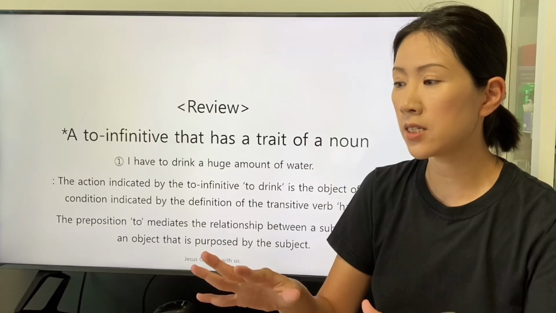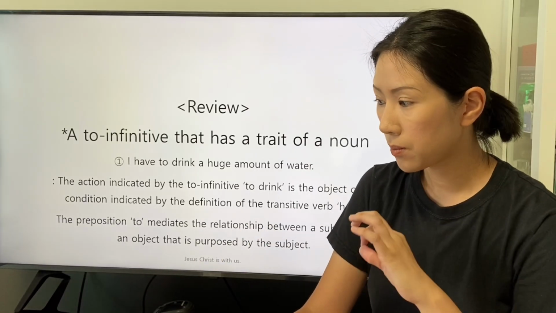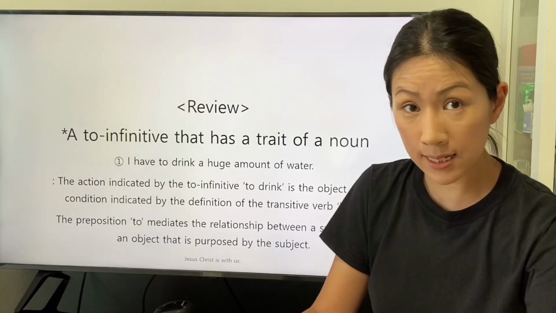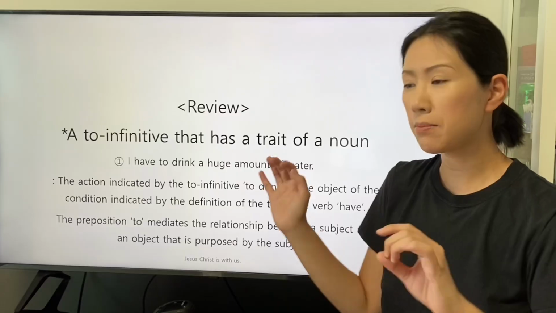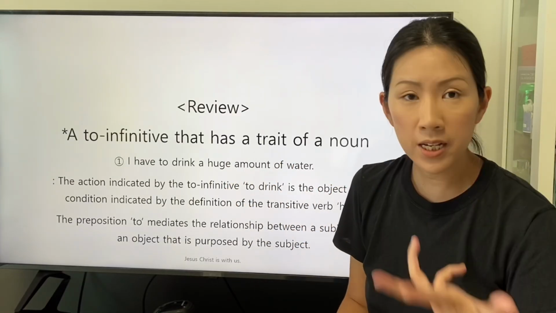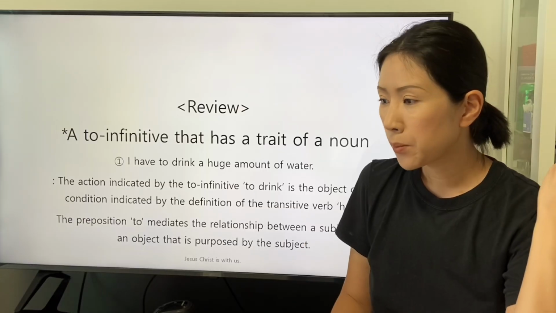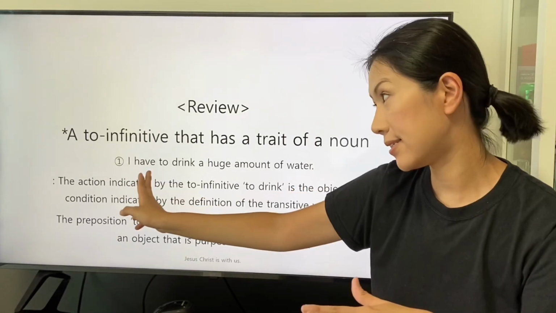The purpose is meant to be actualized from the actual practice. So we can understand that this clause can be understood to deliver the intent of the speaker as an obligation that the speaker as the subject has.